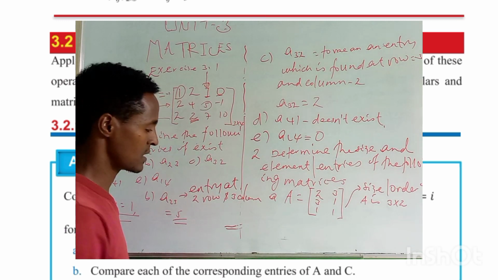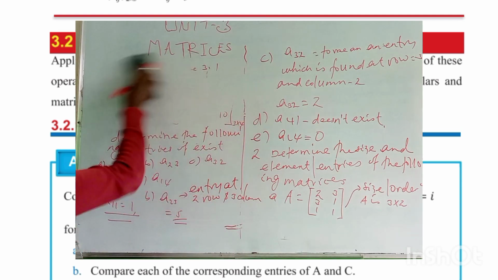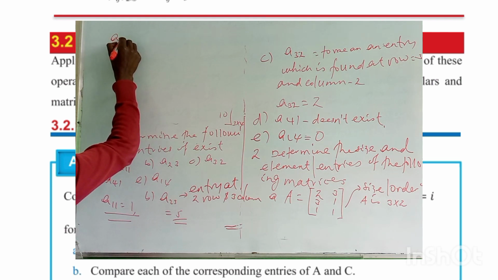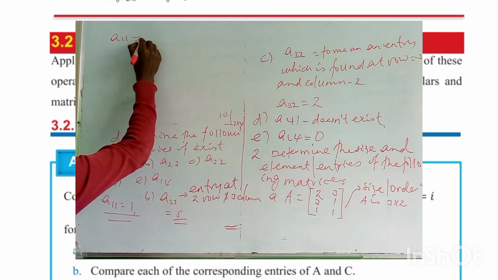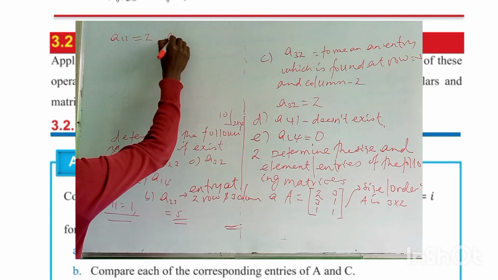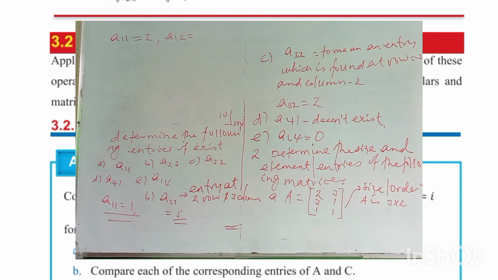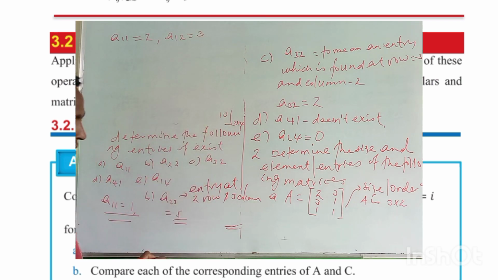So what is A11 for this one? An element of A found at row 1 and column 1 is 2. A12, found at row 1 and column 2, is exactly 3.